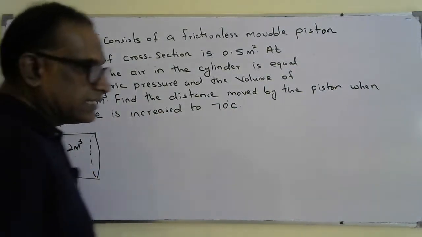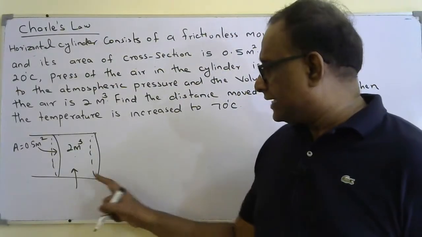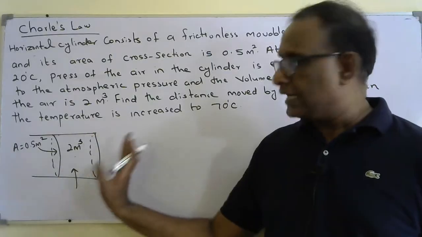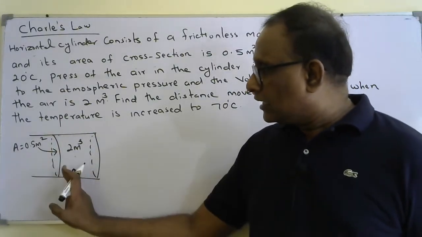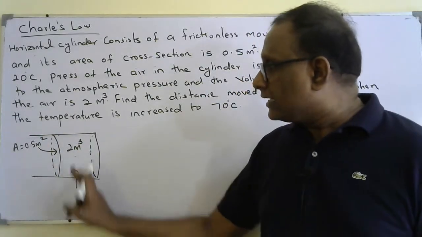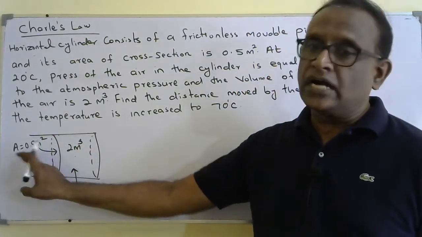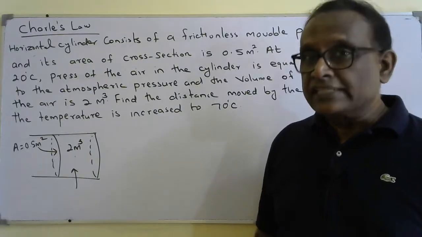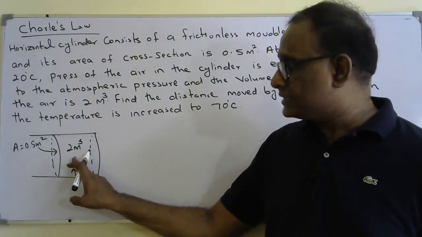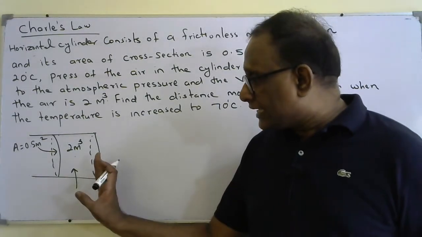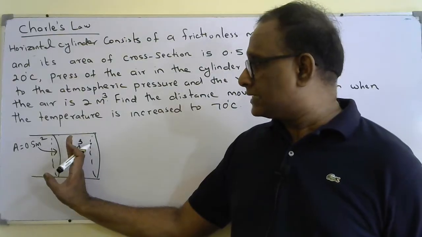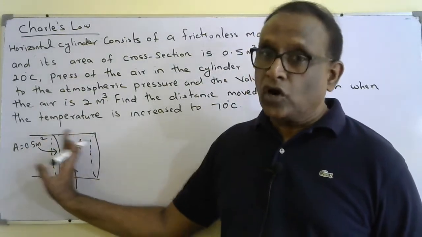When the temperature of the air inside the cylinder is increased, the pressure will increase first because the air particles will move at higher kinetic energy. They will hit the movable piston, but there is no friction, so the piston will move until the pressure inside becomes equal to outside. The air particles push the piston out, and the volume increases.